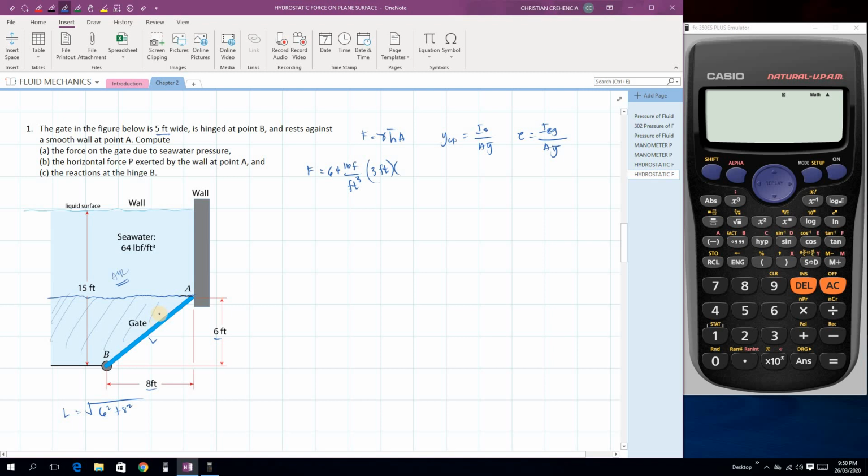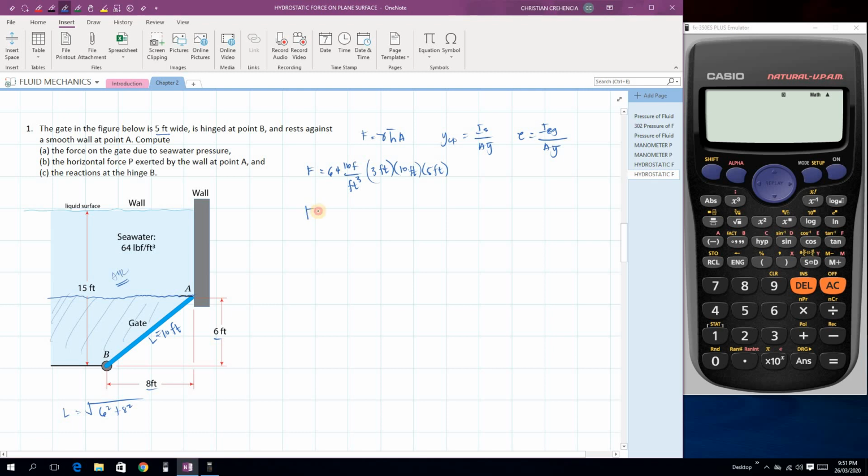Then, this will be 10 over 2. Para maging 5. So, 3, 4, 5. Then, 6, 8, 10. So, yung length natin is 10 meters. Okay. So, yung area natin is 10 feet pala. Sorry. This is 10 feet. 10 feet by 5 feet wide.